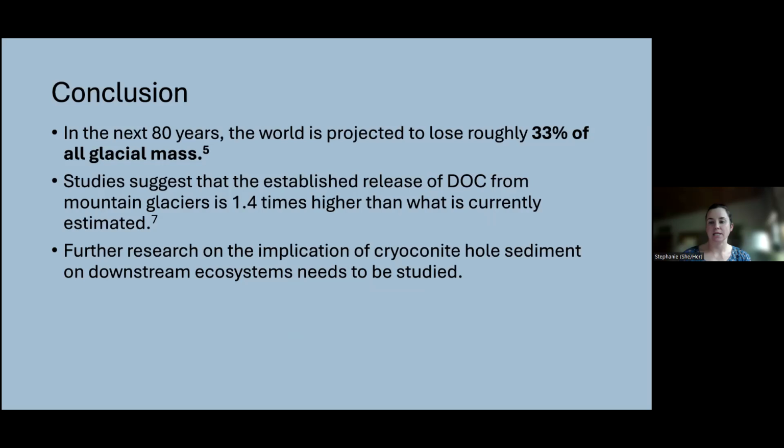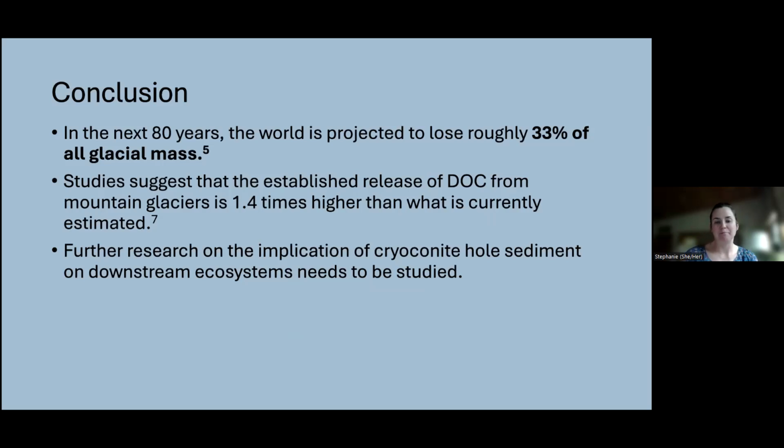In the next 80 years, I think we all know we're projected to lose about 33% of all of our glacial mass. There are a lot of studies being done more recently. Some of them suggest that the release of DOC from mountain glaciers could potentially be 1.4 times higher than what's currently estimated.